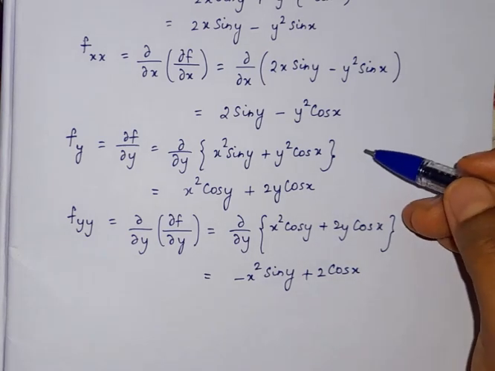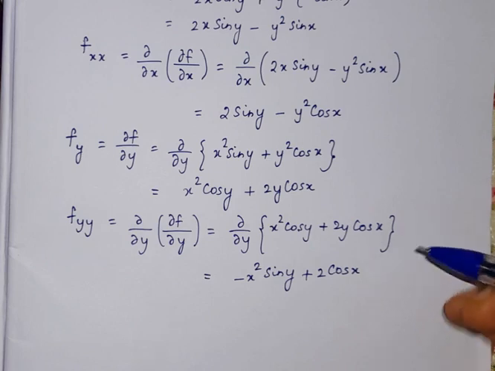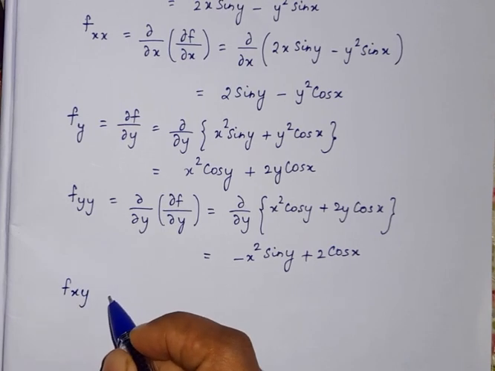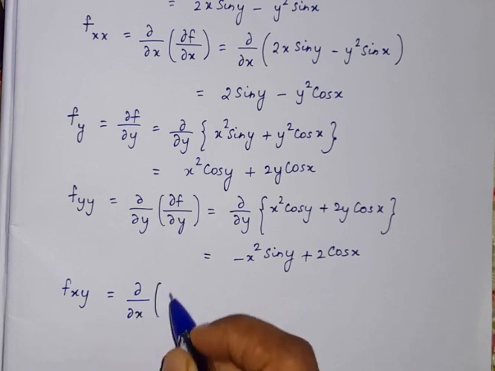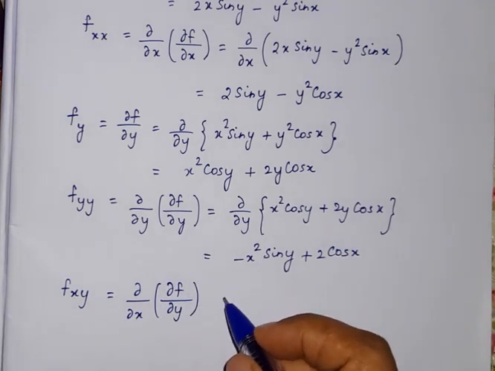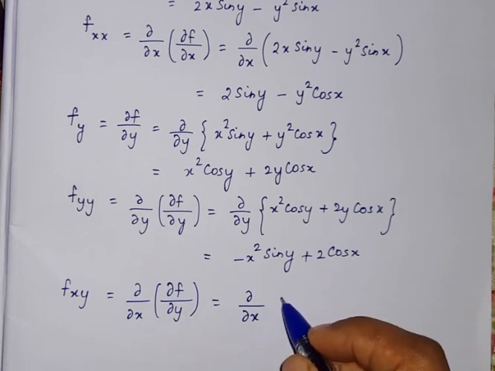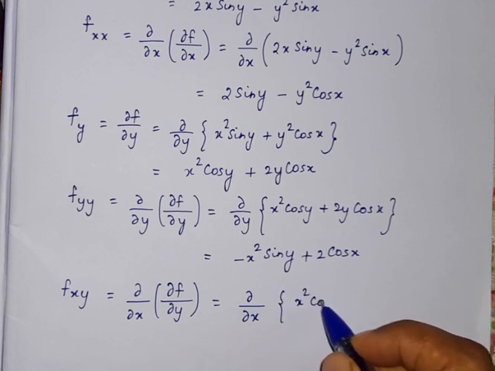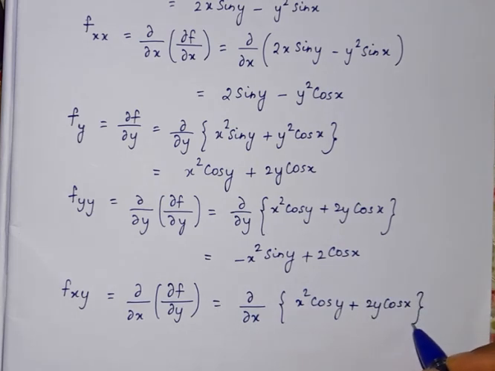Now we found fxx and fyy. Next we need fxy. Fxy can be written as dou by dou x of dou f by dou y. So which is equal to dou by dou x of, instead of dou f by dou y, we have x square cos y plus 2y cos x.